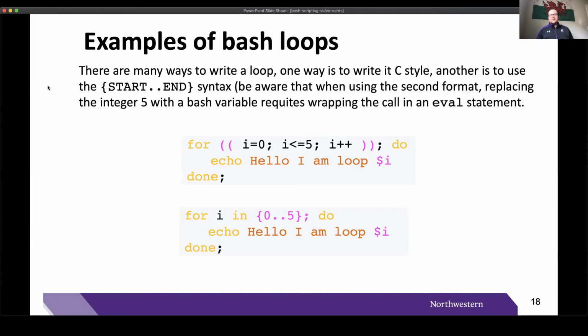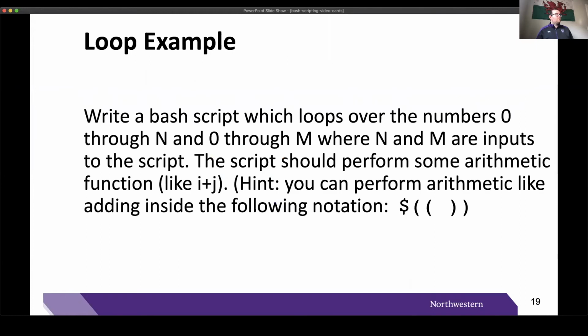So we're going to go ahead and get straight into our example for today's video. Our example today is we are going to write a bash script which does a nested loop where the outer loop loops over the numbers between 0 and n, where n is a value that we input into our script. Think back to video 2.